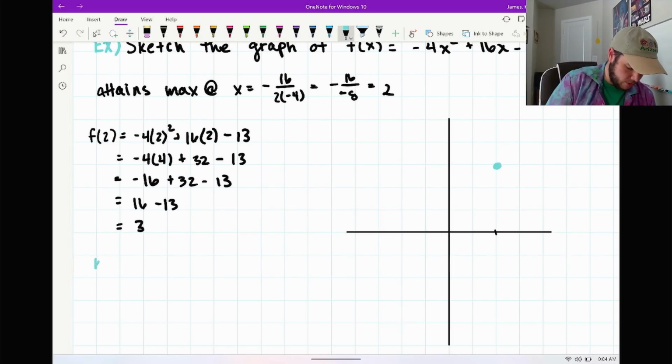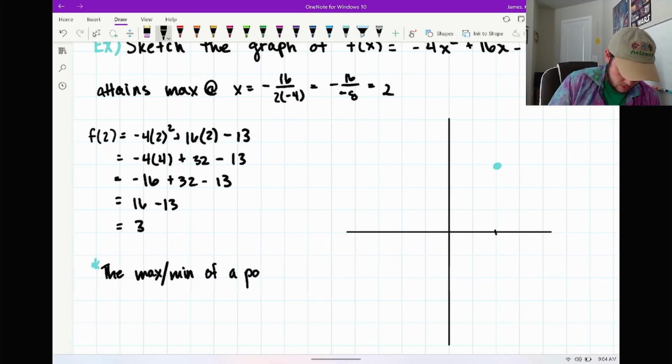But here's an important note. The max or min of a parabola is the vertex.